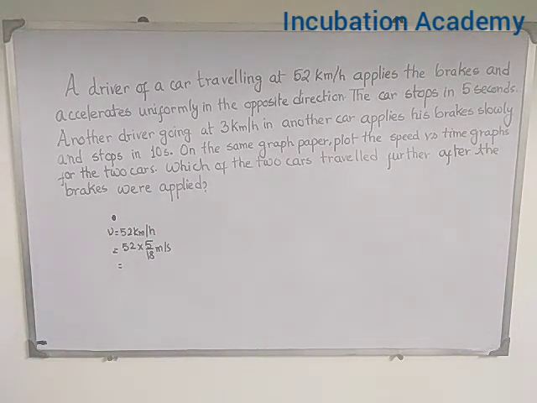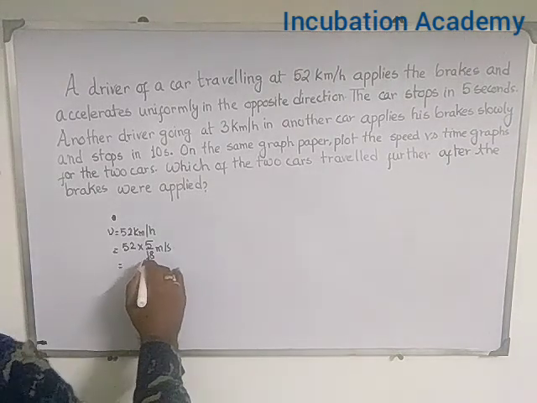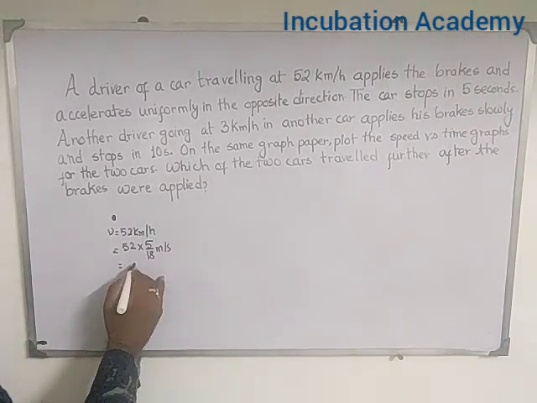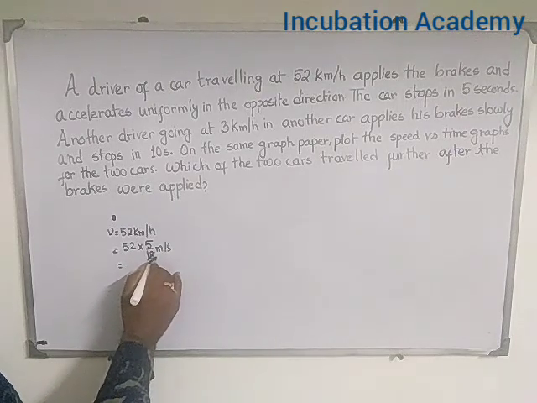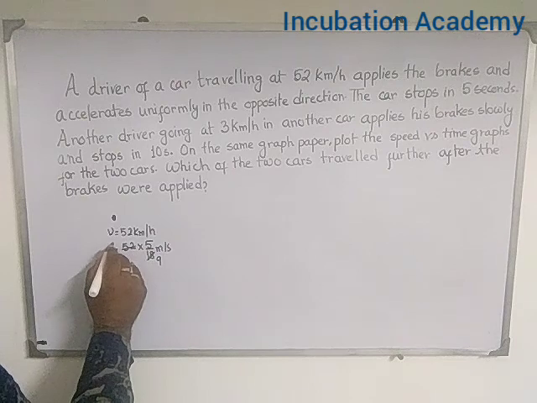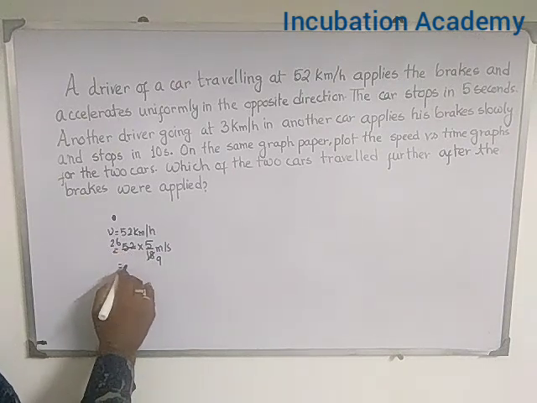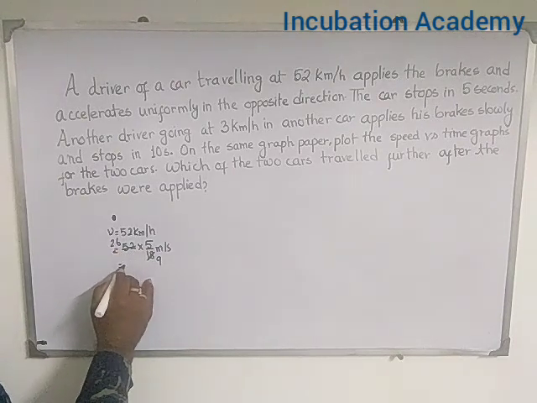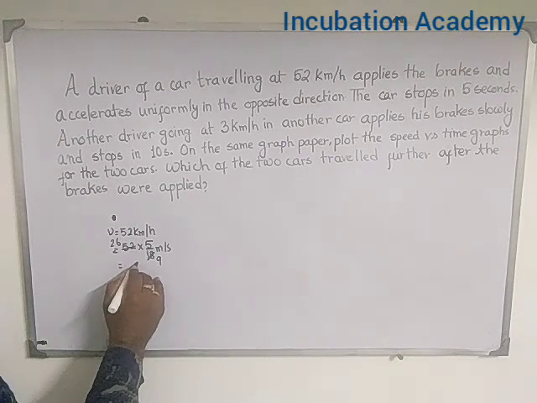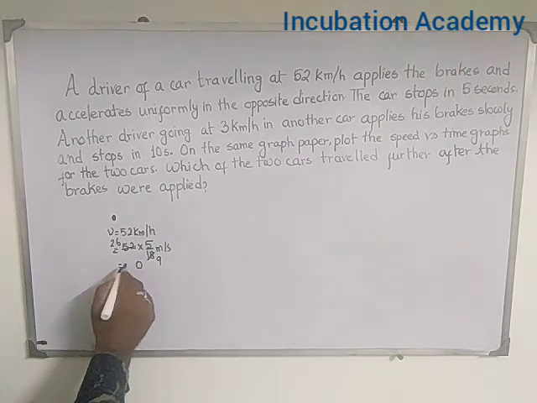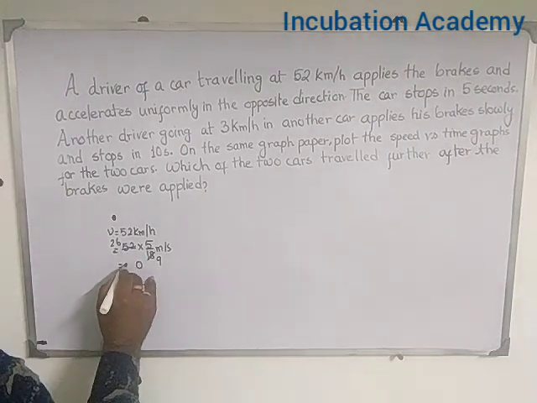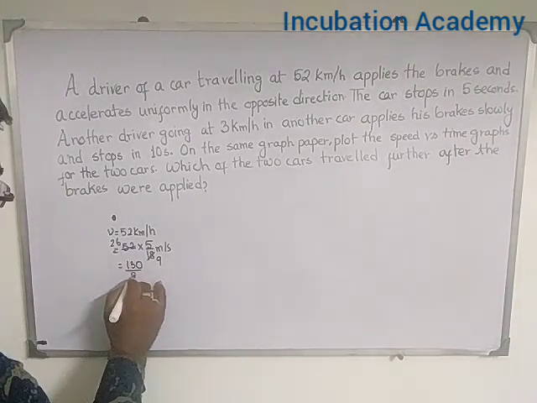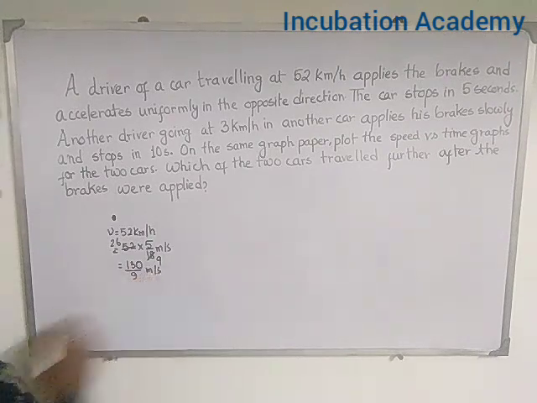If I try to calculate this, 18 is 9 twos and 52 is 26 twos, so 26 into 5 is 130. So it is 130 divided by 9 meter per second.